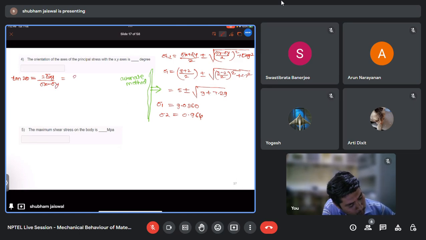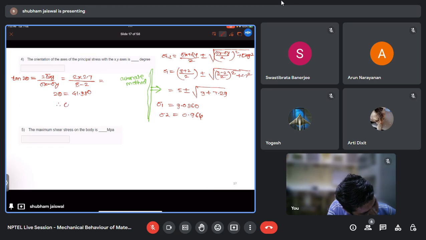So 2 into 2.7, sigma x is 8 minus 2. So 2 theta comes out to be 5.4 divided by 6 and its tan inverse comes out to be 41.98 degree. Therefore theta is 20.99 degree.